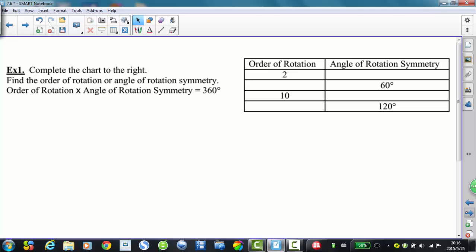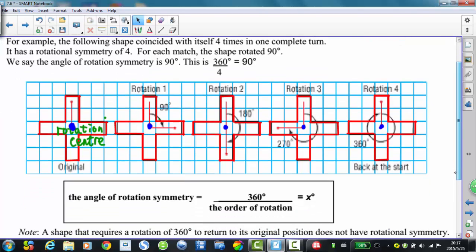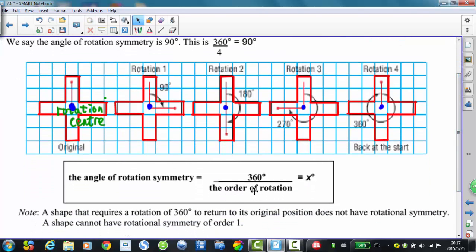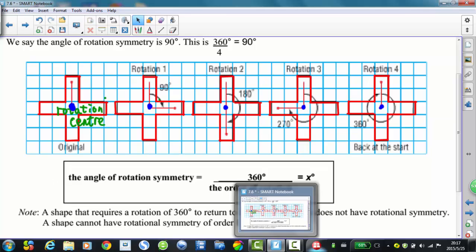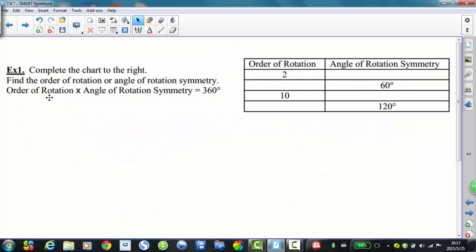So let's complete the chart in example 1. Find the order of rotation or angle of rotational symmetry. Remember, based on this formula, 360 degrees divided by the order of rotation equals the angle of rotational symmetry. If I multiply both sides by the order of rotation, I will have order of rotation times the angle of rotational symmetry equals 1 full turn, which is 360 degrees.